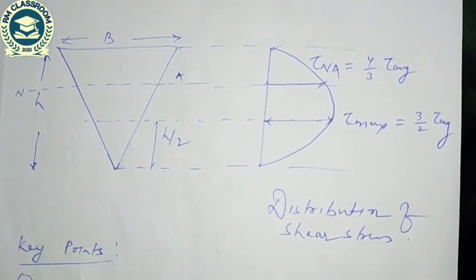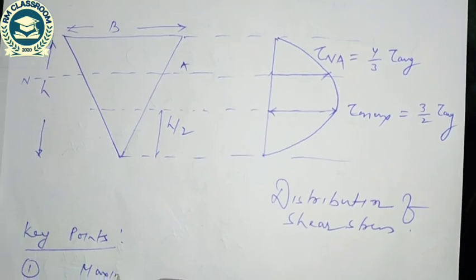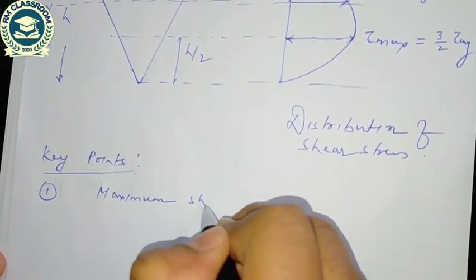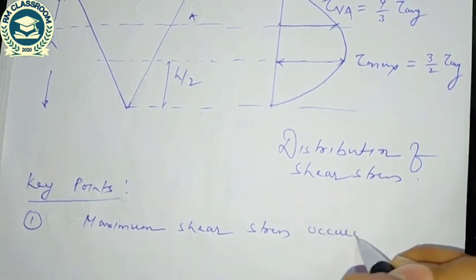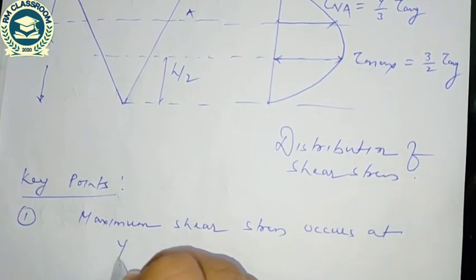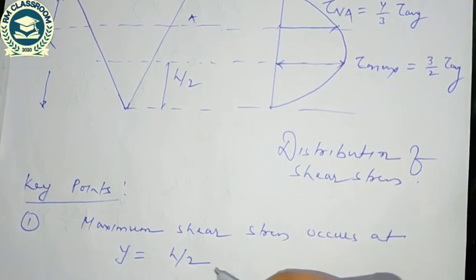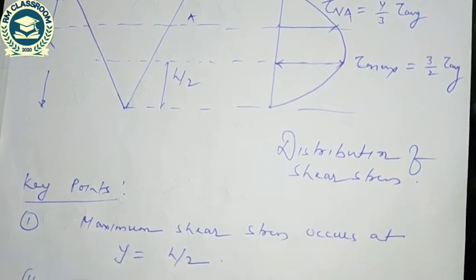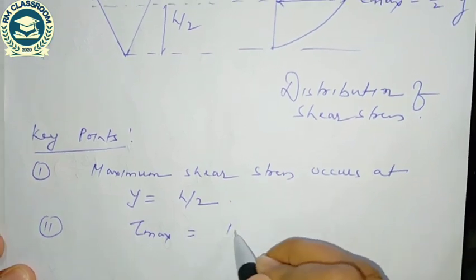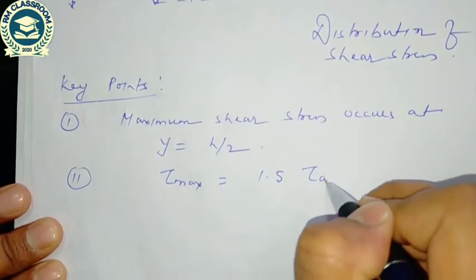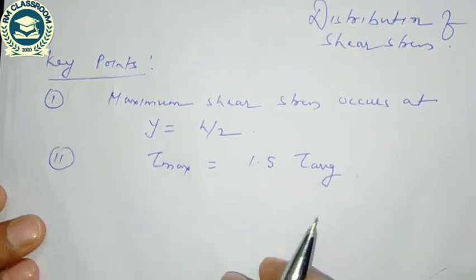The first point is maximum shear stress occurs at y is equal to h by 2. Maximum shear stress is equal to 1.5 times average shear stress.